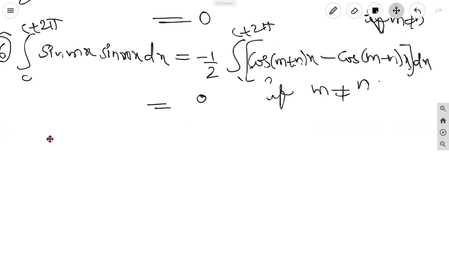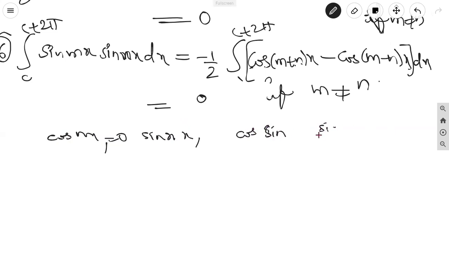Here you identify: if the integration is cos nx, 0; sin nx, 0; cos and sin, 0; sin and cos, 0; cos and cos, 0; sin and sin, 0.